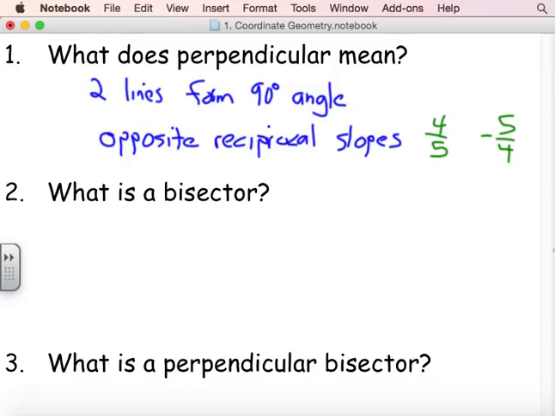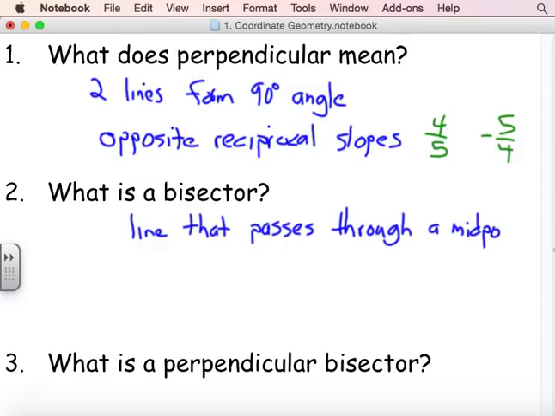A bisector is a line that passes through a midpoint of a segment or angle, or the middle of the angle.